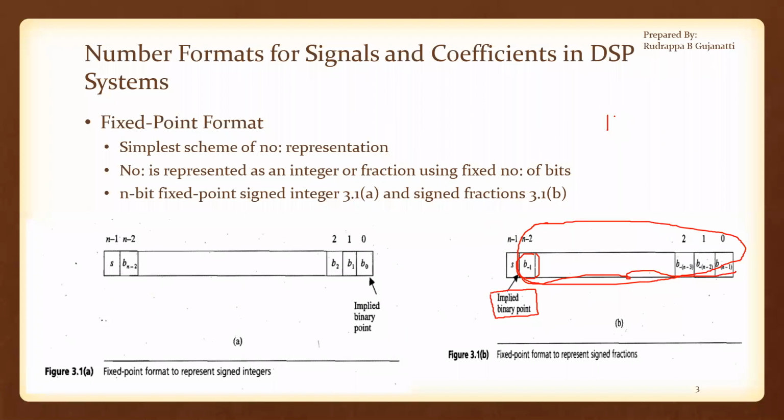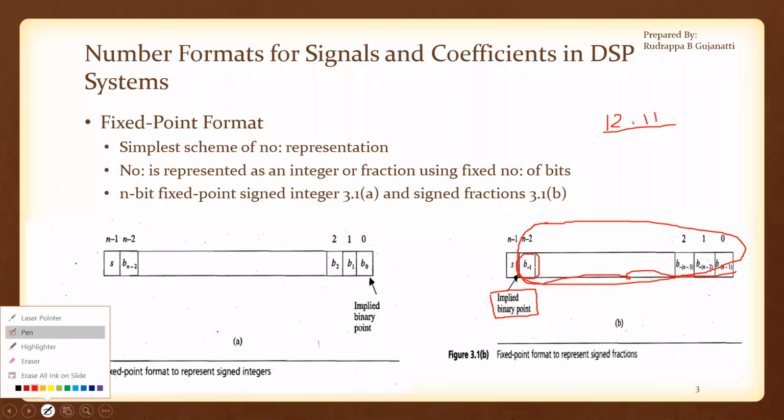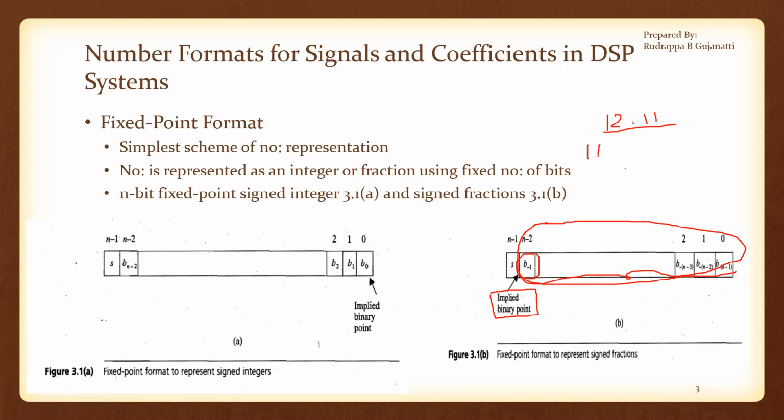So here, for example, if I take 12.11, this decimal point, if I have to represent this number, if you represent it in binary, how will it be? This one would be represented as 1100.